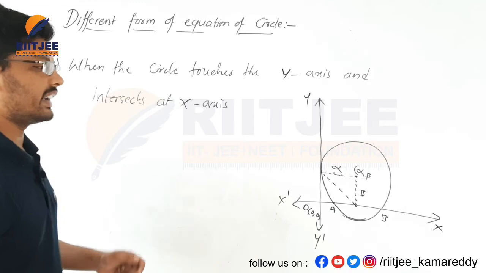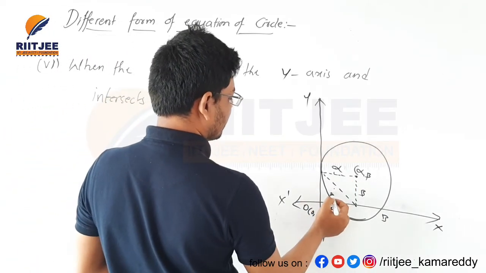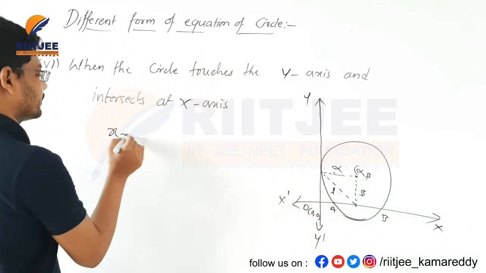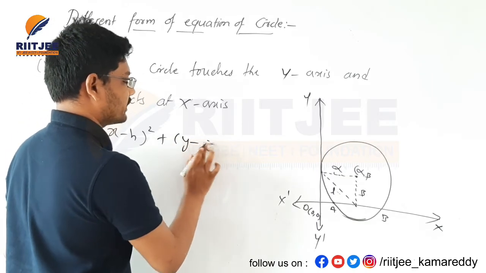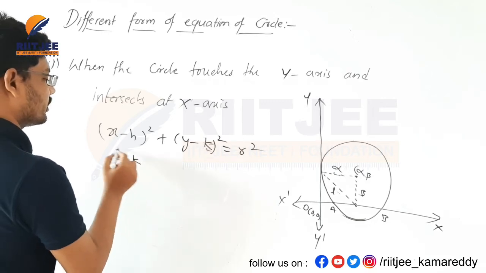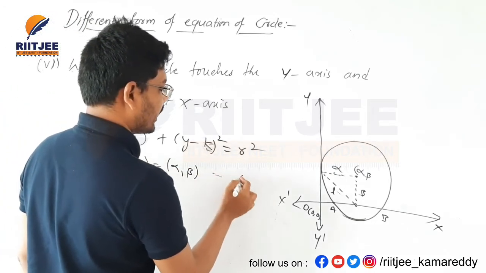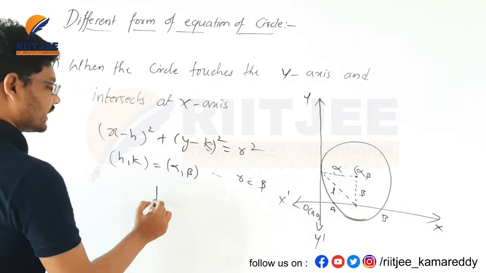This is a right angle triangle here, and this is alpha, this is beta, this is L. The equation of circle is x minus h whole square plus y minus k whole square equal to r square. Here h comma k is equal to alpha comma beta and r is equal to beta.